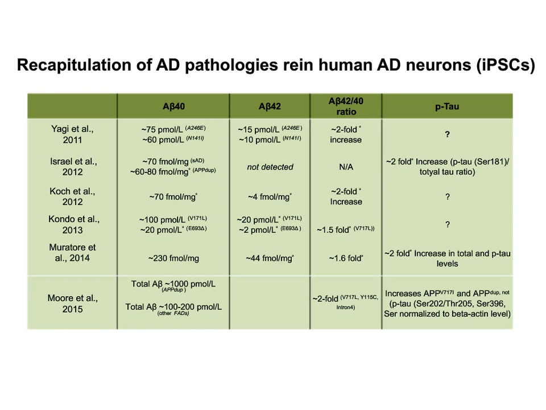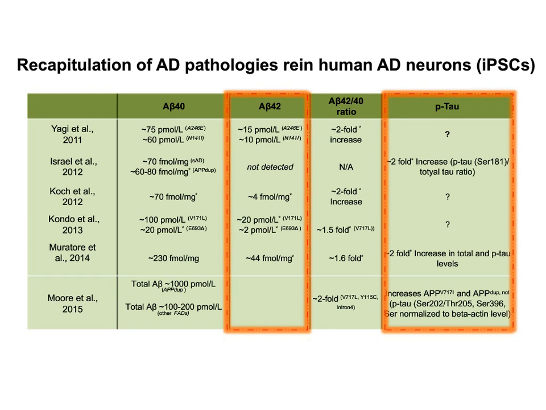So this is a summary table of currently generated human neurons harboring either presenilin or APP familial Alzheimer's disease mutations. As predicted, most of these neurons with the FAD mutation showed significant increases in pathogenic A-beta 42 levels or ratio due to the altered cleavage of amyloid beta precursor protein.